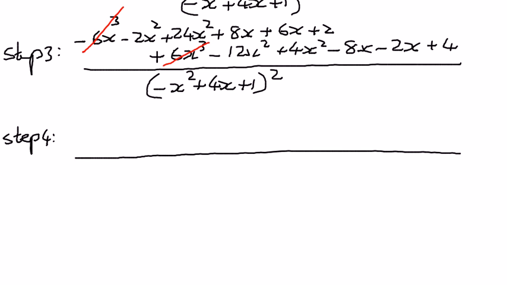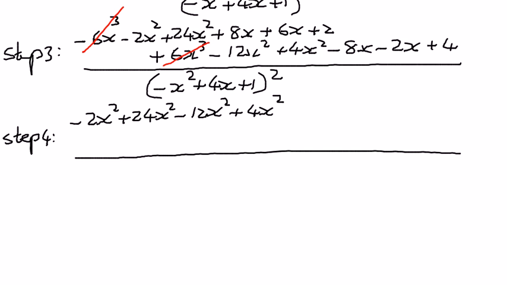Negative 2x squared plus 24x to the power of 2 minus 12x to the power of 2 plus 4x to the power of 2. So let's write them together. We have negative 2x to the power of 2 plus 24x to the power of 2, then minus 12x to the power of 2 plus 4x to the power of 2. Those are all like terms.